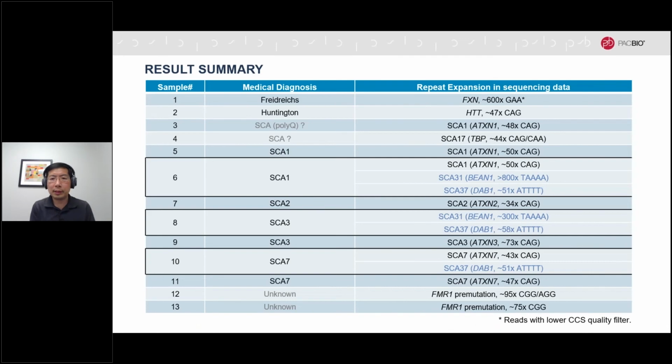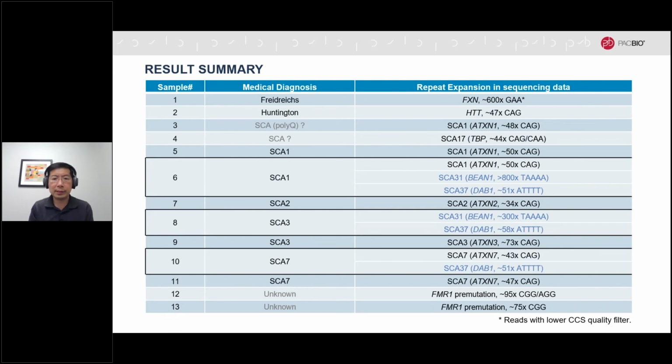Overall, our sequencing data agrees with the clinical diagnosis results very well. For the undiagnosed samples, for sample number 3, we see repeat expansions in the SCA1 region. For sample number 4, we see repeat expansions in the SCA17 region.